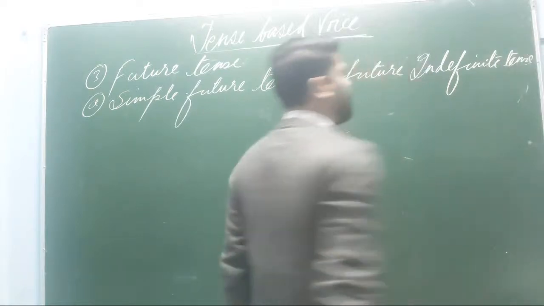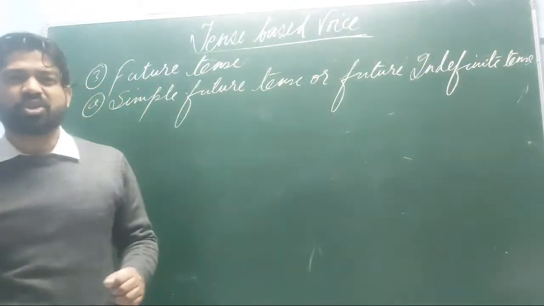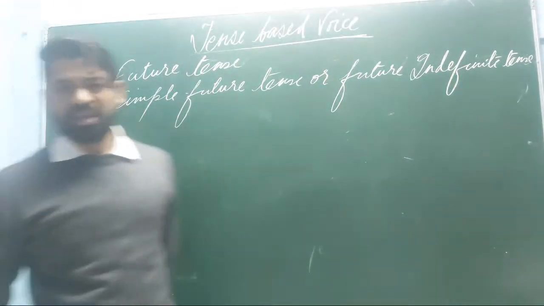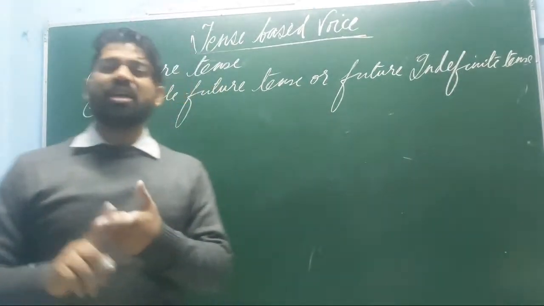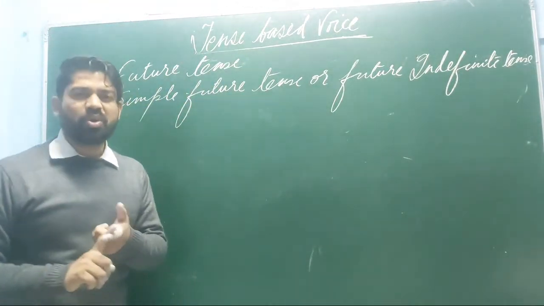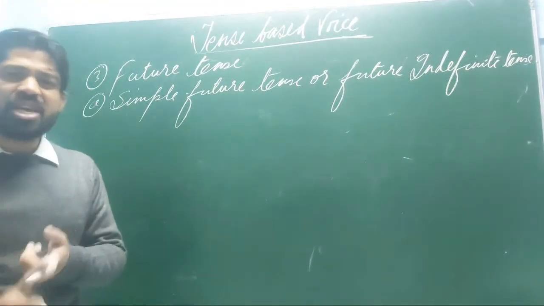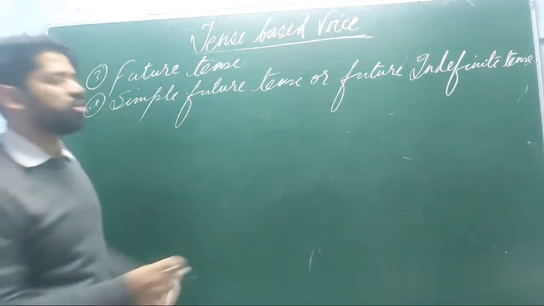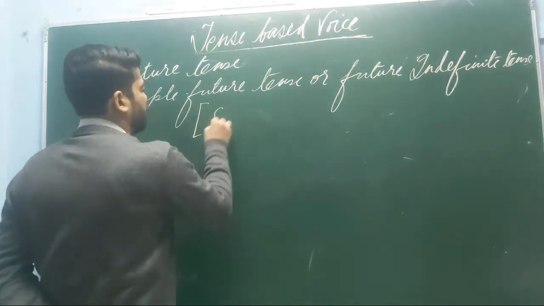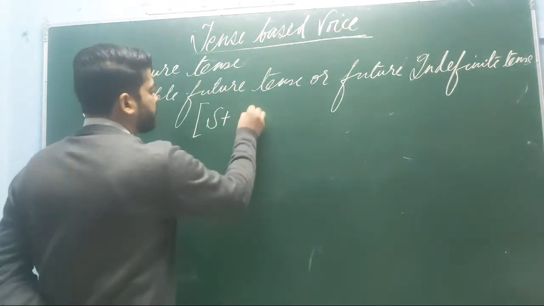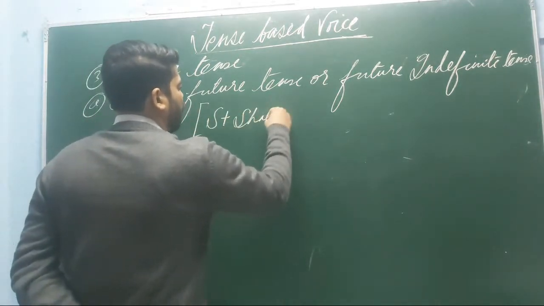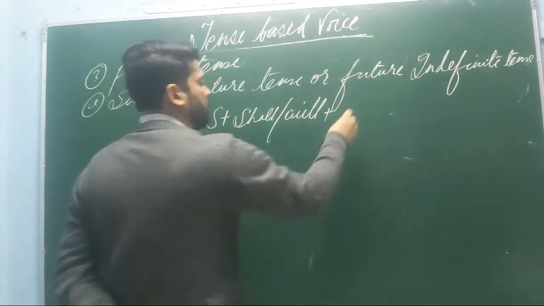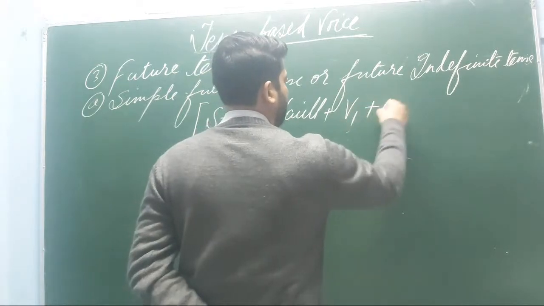Now how will you be able to recognize and identify the sentences of simple future? Behind it there is a structure and you have to memorize it anyhow. So what is the basic structure for the simple future tense? Its structure is subject plus shall or will plus first form of the verb plus object.